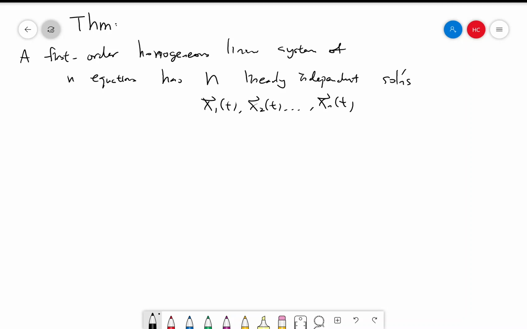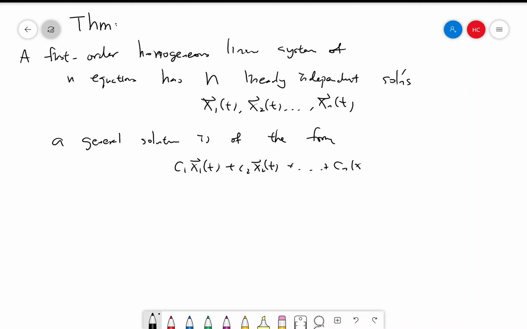So if you have n equations, then you have n independent solutions, and a general solution is a linear combination of these n independent solutions. So a general solution is of the form c1 times x1 plus c2 times x2 plus all the way plus cn times xn. Okay, so that's the general solution.